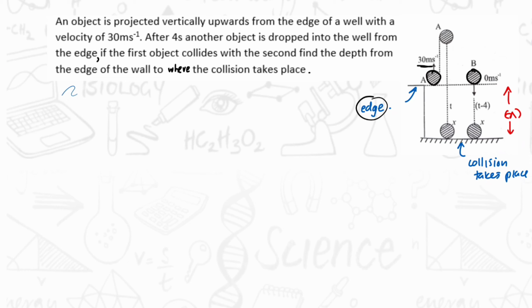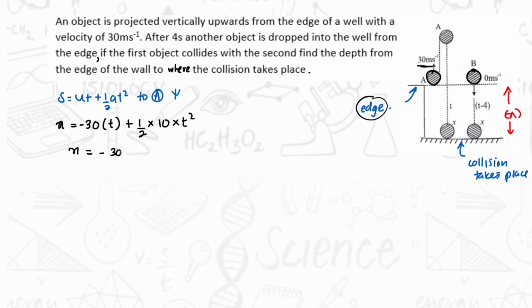Let's start by applying s equals ut plus half at square to A in the downward direction. S is the displacement, therefore let's say the displacement is x and the initial velocity is 30, and since we are applying it in the downward direction, it should be minus 30, and the time taken, let's say it is t, and then half acceleration is 10 and t square. Then we get the equation x is equal to minus 30t plus 5t square.